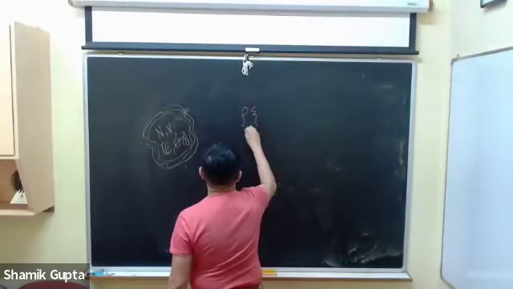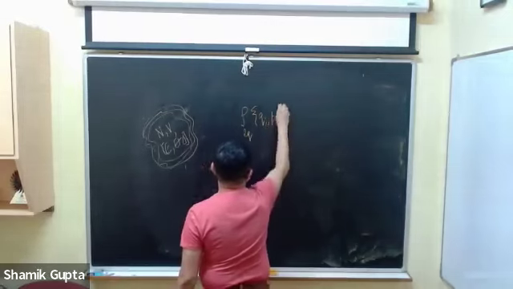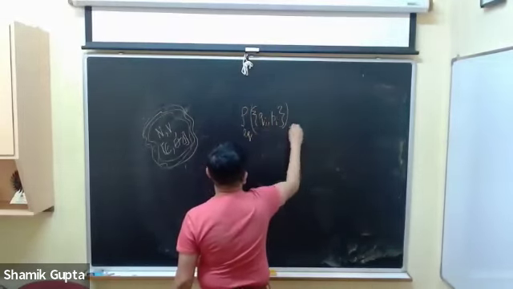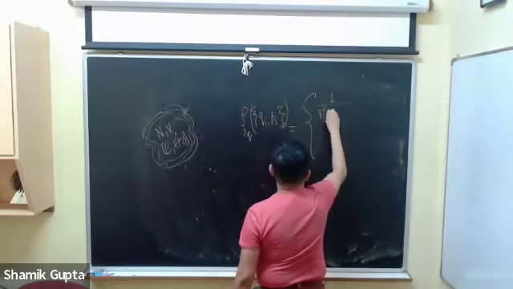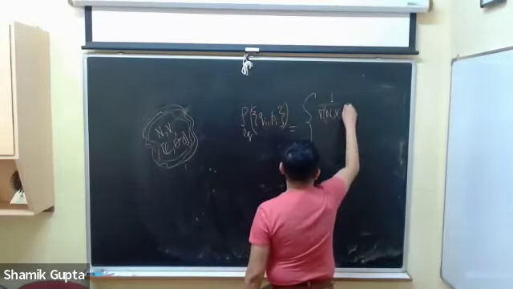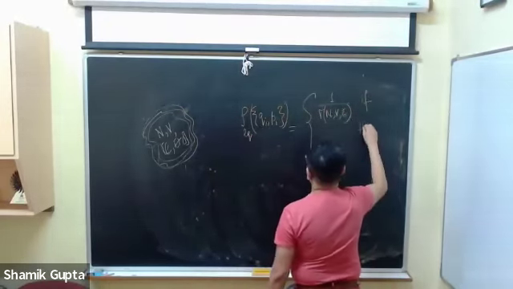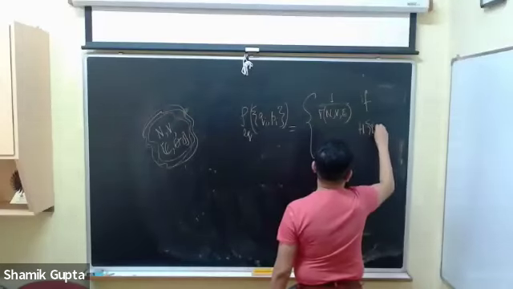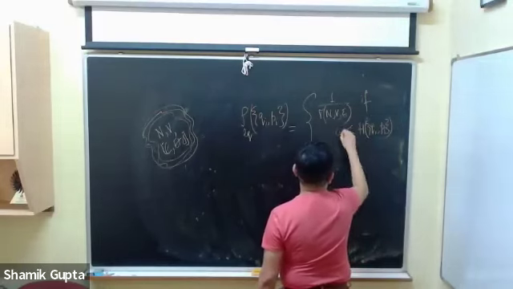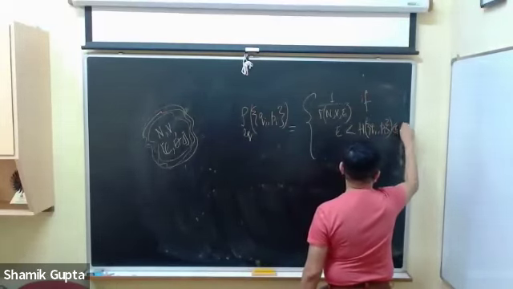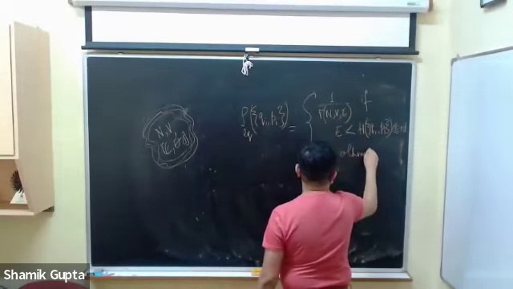The microcanonical ensemble phase space density rho(Qi, Pi) is equal to 1 divided by gamma(E, N, V) if it's a consistent microstate, that is, if the energy of the microstate lies between E and E plus delta, and is equal to 0 otherwise.